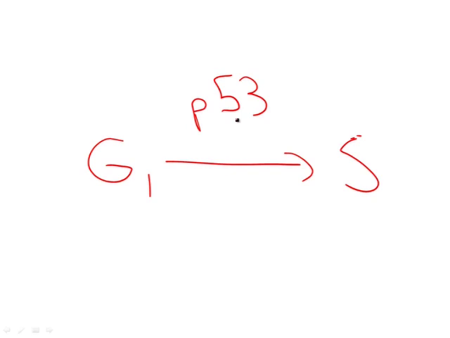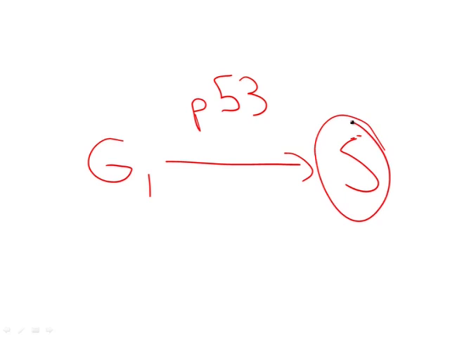And when the cell shows p53 its DNA, there's two possibilities. If p53 looks at the DNA of the cell and sees that the DNA is mutated, then p53 will blow a molecular whistle, and it'll call in DNA repair enzymes and repair the DNA mutations so that before the cell goes into S phase, the DNA is repaired.